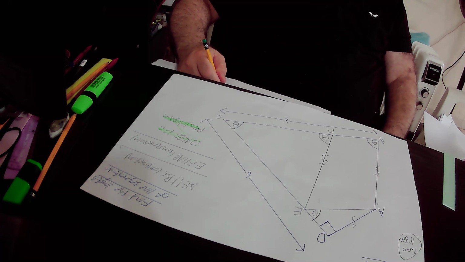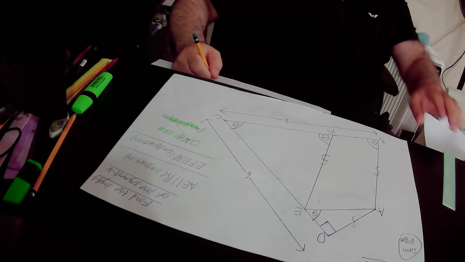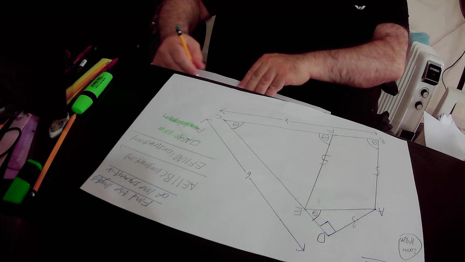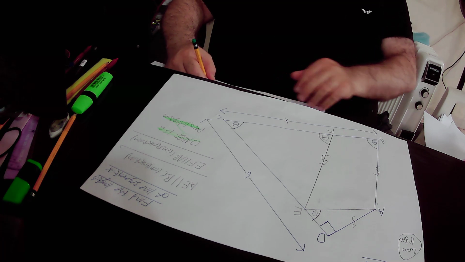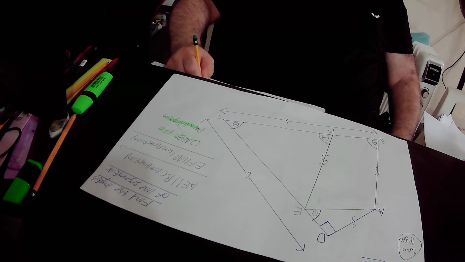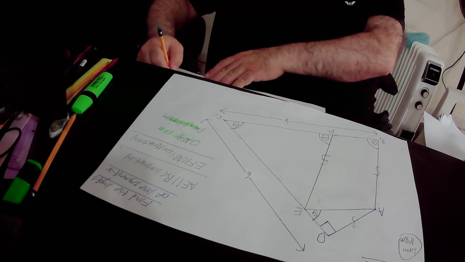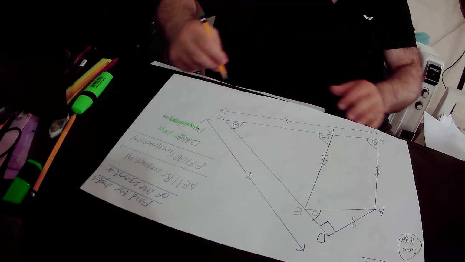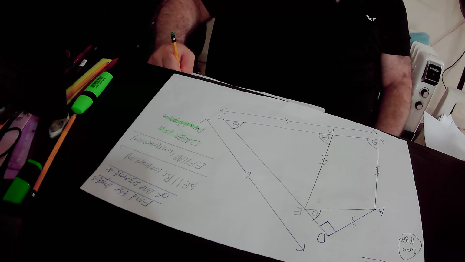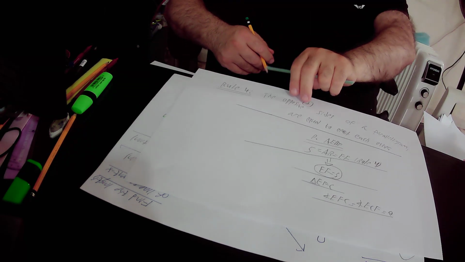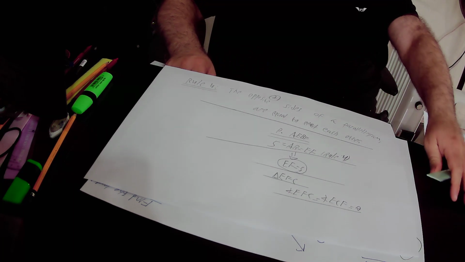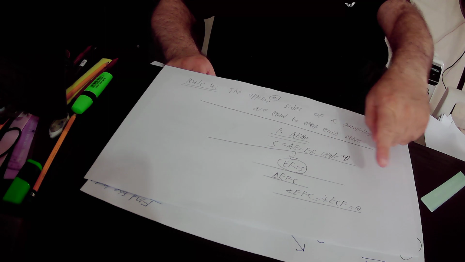In triangle EFC, angle EFC equals angle ECF and they are both equal to theta.